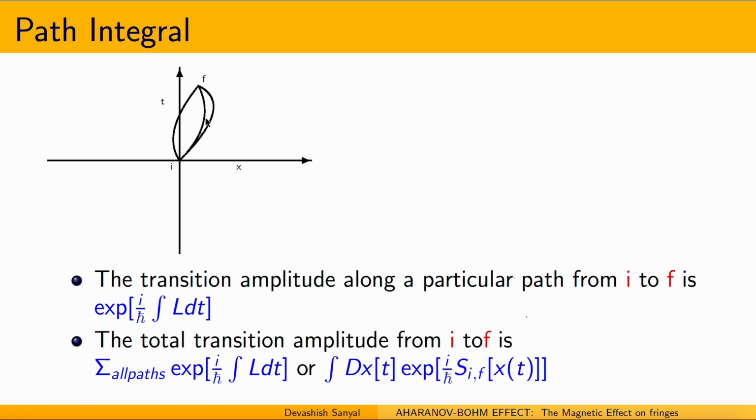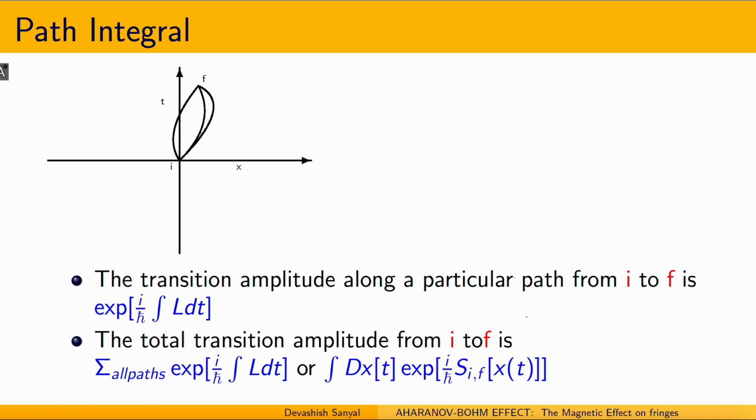Now we go to the concept of path integral. This concept is another, equivalent way of doing quantum mechanics, and it was put forward by Richard Feynman. The concept is something like this.